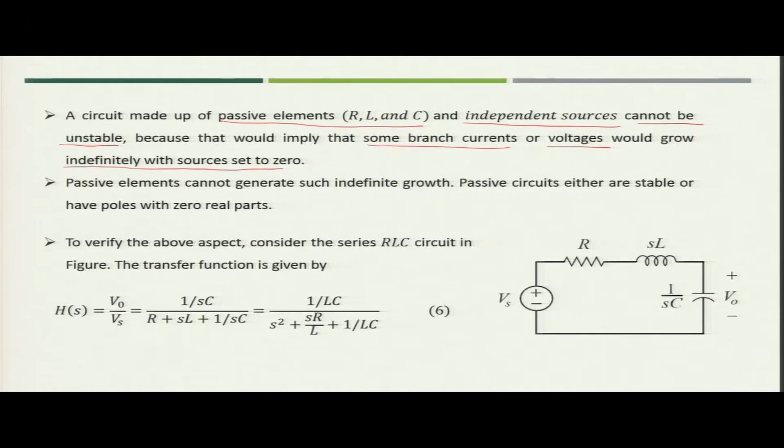So, let us verify our statement that networks with passive elements and independent sources will not be unstable.